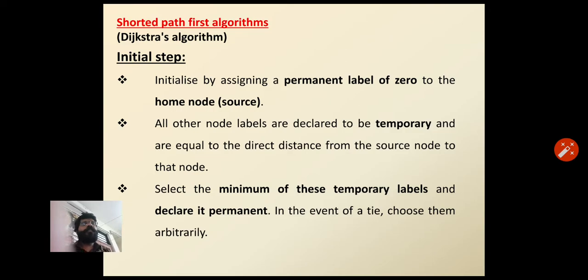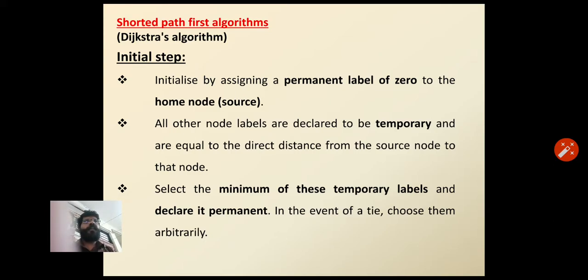Next we discussed Dijkstra's algorithm and how it works. Dijkstra's algorithm works in different steps. The first step is the initial step, where we initialize some things. First, initialization by assigning a permanent label of 0 to the home node or source node, where you can start.